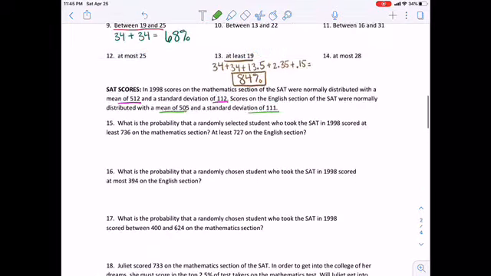So if I take my 505 and I add 111, I'm going to get 616. I can add 111 again, which gives me 727, and then I can add 111 again, which will give me 838.